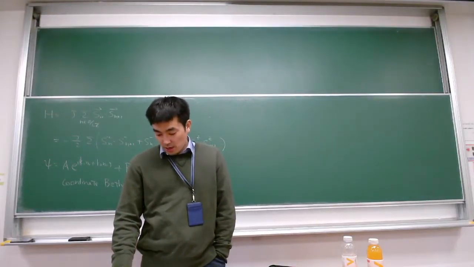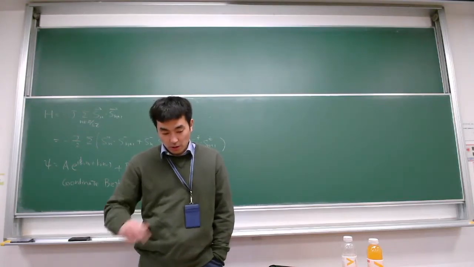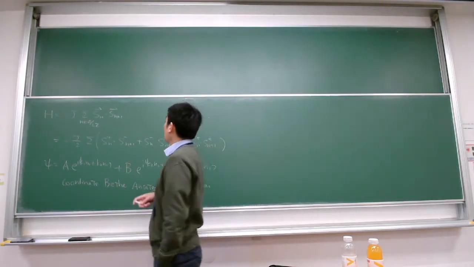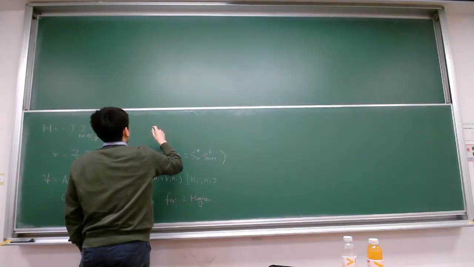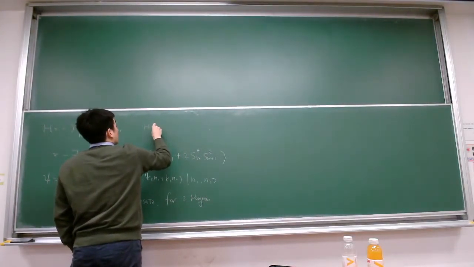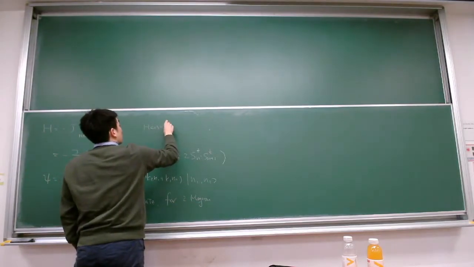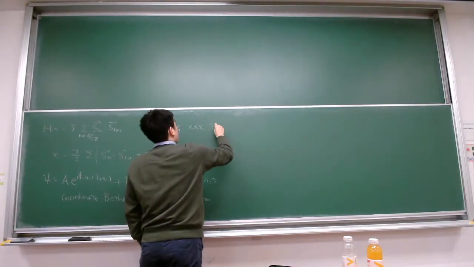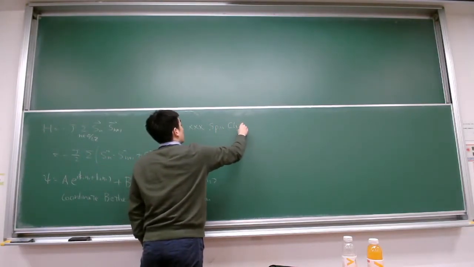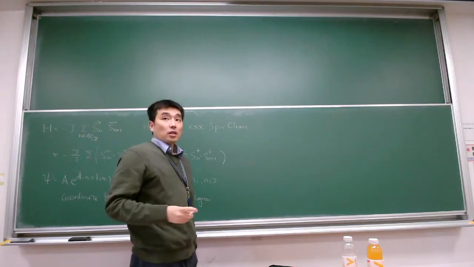But yeah, so today I will continue the Heisenberg spin chain. So spatial one dimension. This is the Heisenberg XXX spin chain, and we will solve this system exactly.